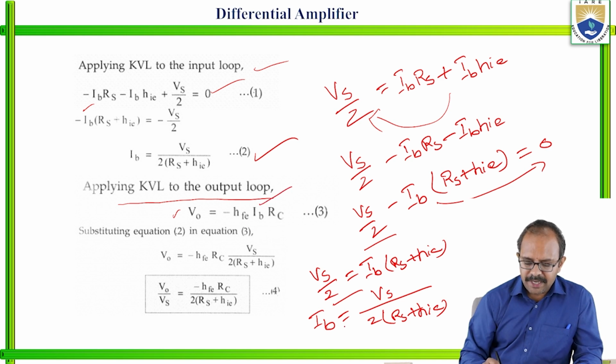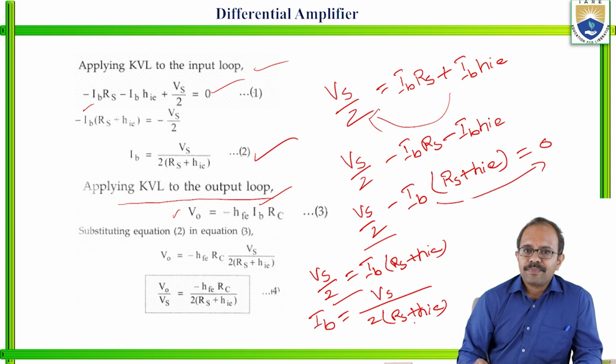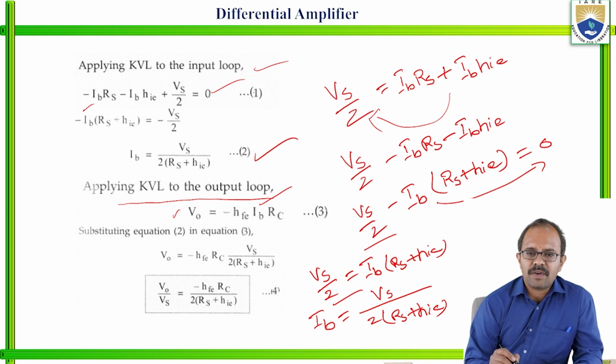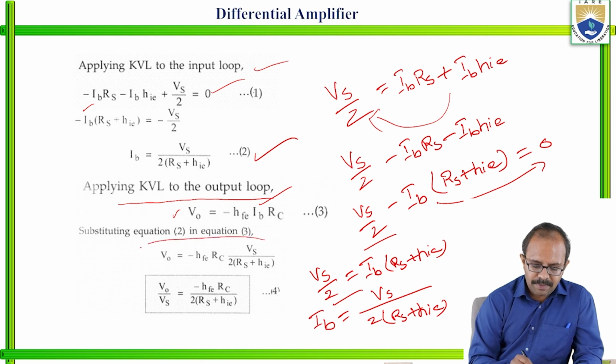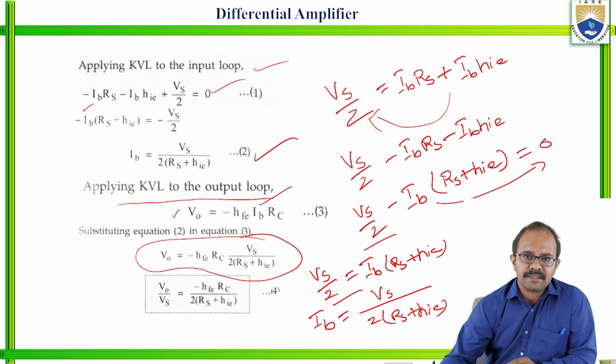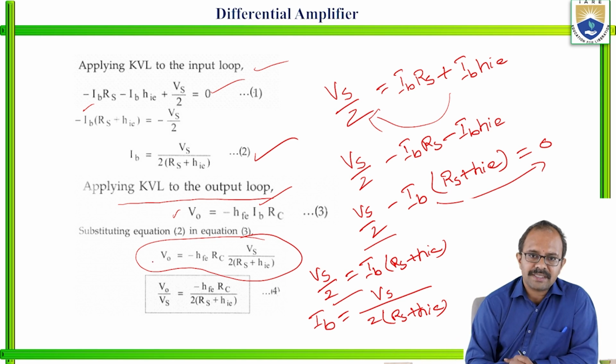IB is equal to Vs by 2 into RS plus HIE. Substitute the expression of IB here. So V0 will become minus HFE RC into Vs by 2 into RS plus HIE. This is going to be the output voltage V0.